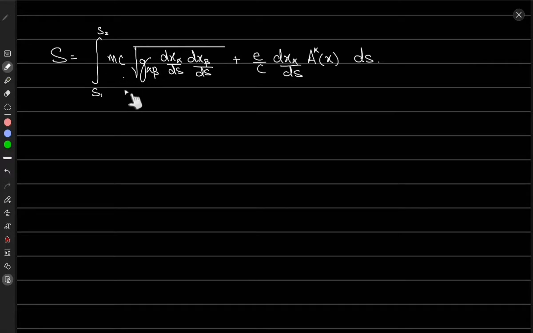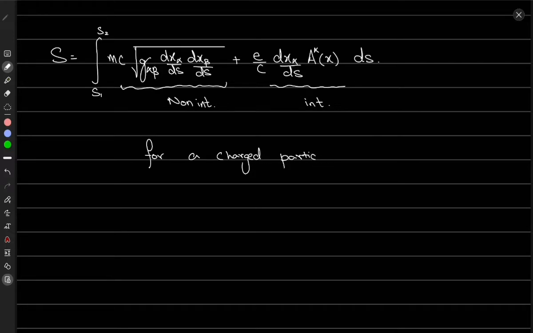This part is the non-interacting part, as we have discussed before, and this one is the interacting part of the action.